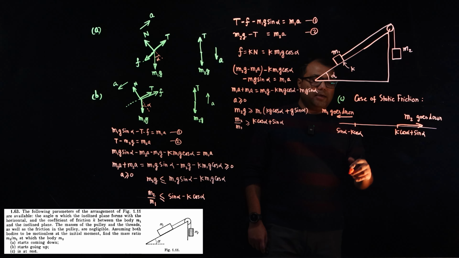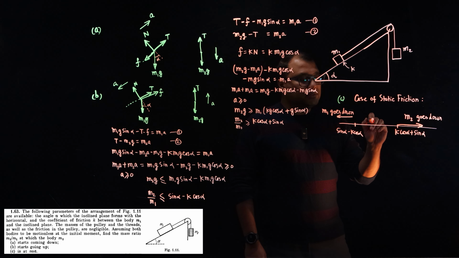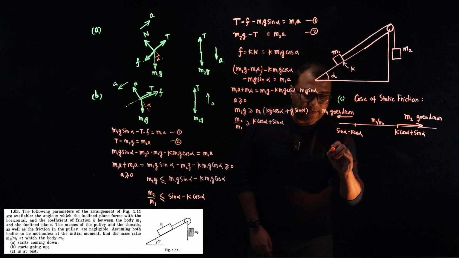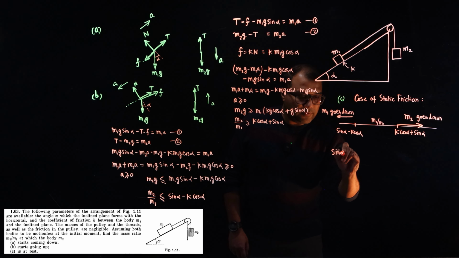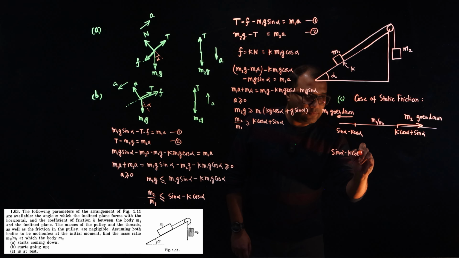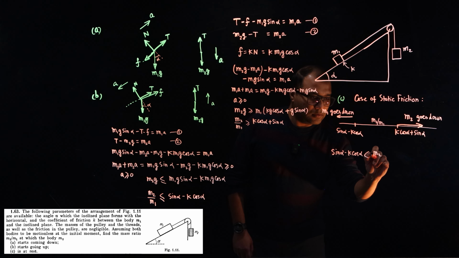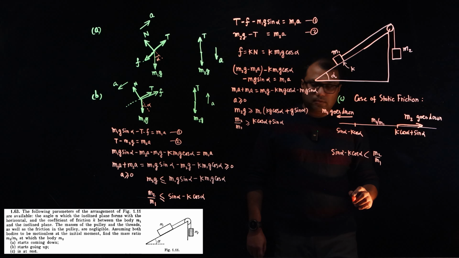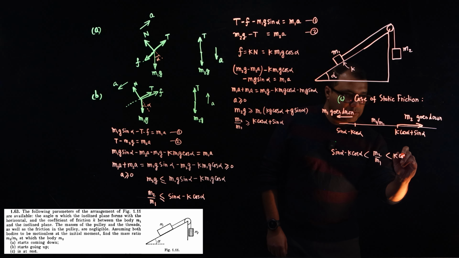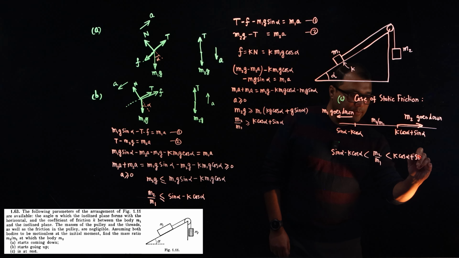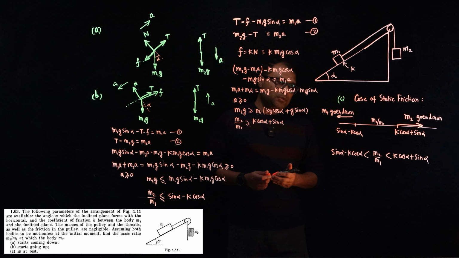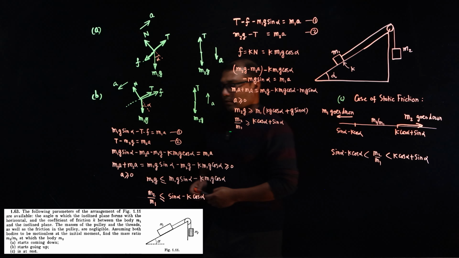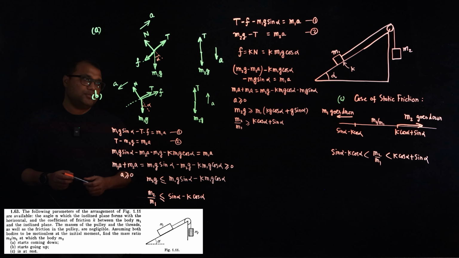So when M2 by M1 is in between, greater than sin alpha minus K cos alpha and less than K cos alpha plus sin alpha, then both M1 and M2 remain at rest. Alright, so that's our solution.